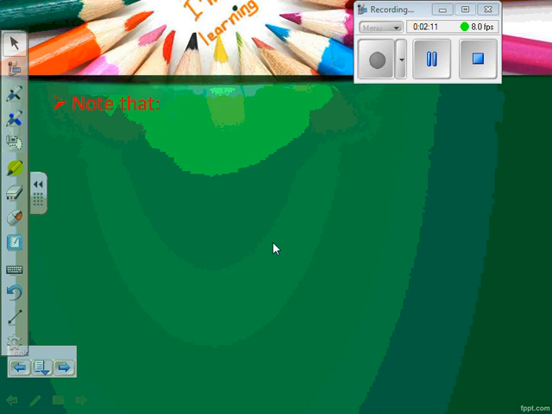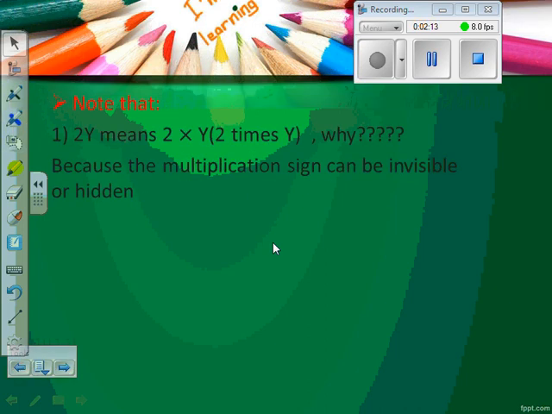Note number 1: 2y means 2 times y, or 2 multiplied by y. Why can we write it in this form? Because the multiplication sign can be invisible or hidden.